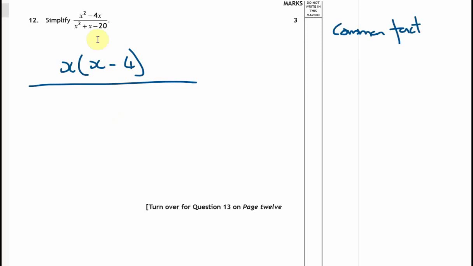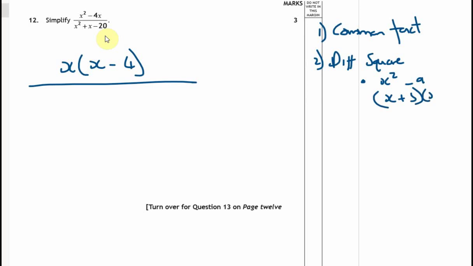The other way of factorizing, we can be doing difference of 2 squares. So when we see something like x squared minus 9, that is going to give us x plus 3, x minus 3.